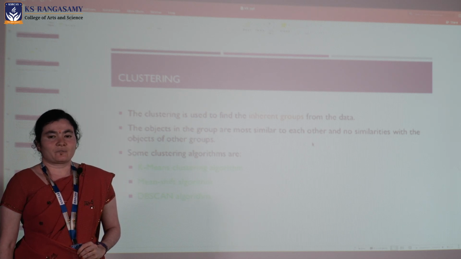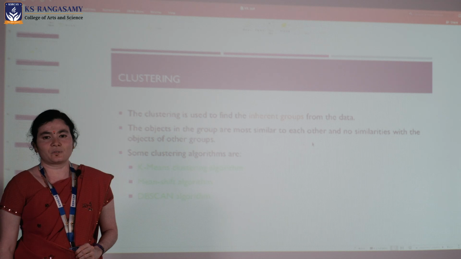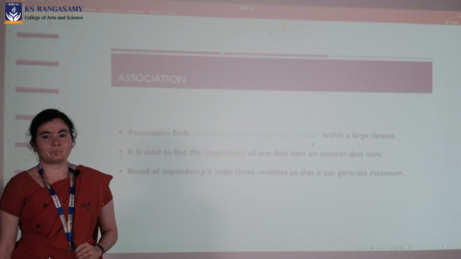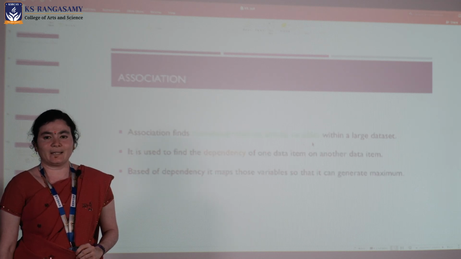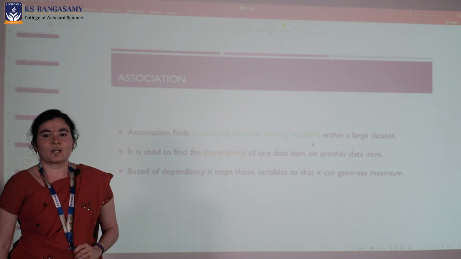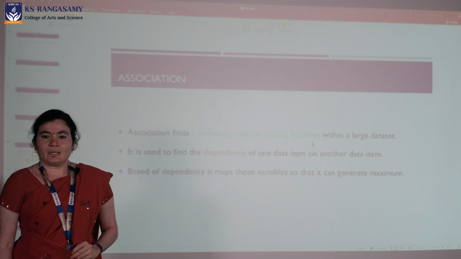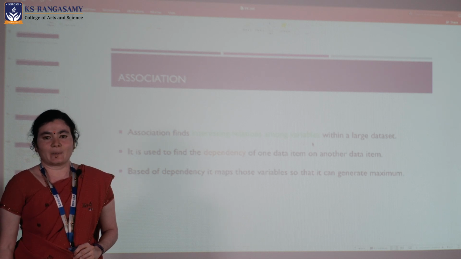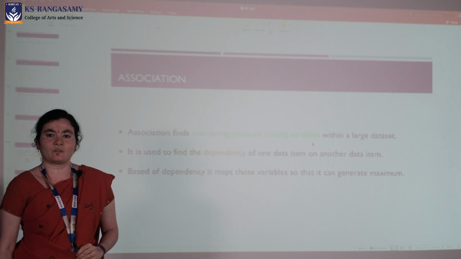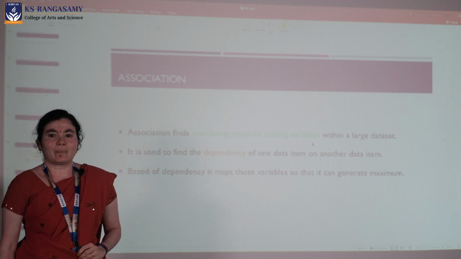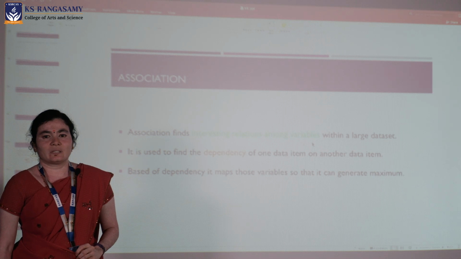Next one, association. Association means finding dependencies, which means combinations in the data set. For example, when a customer buys a pair of shoes, the customer is always ready to buy a pair of socks. So that is a combination.